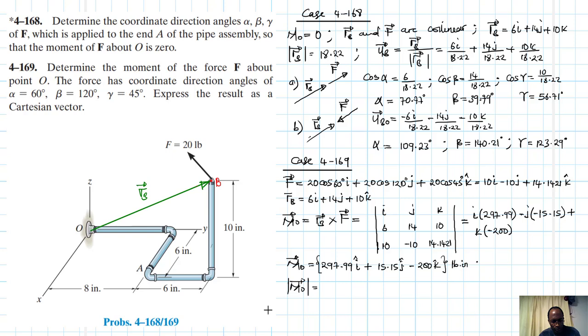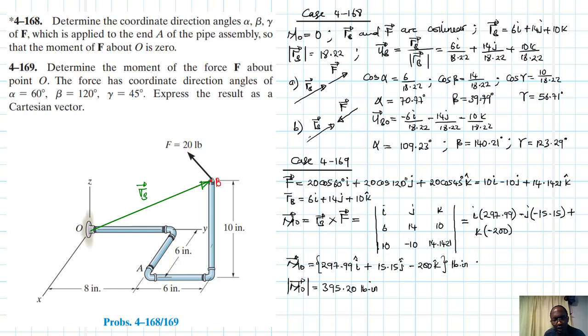It is 297.99 squared plus 15.15 squared plus 200 squared, square root of that, which is 359.20 pounds inches. Great. So I think we are done.